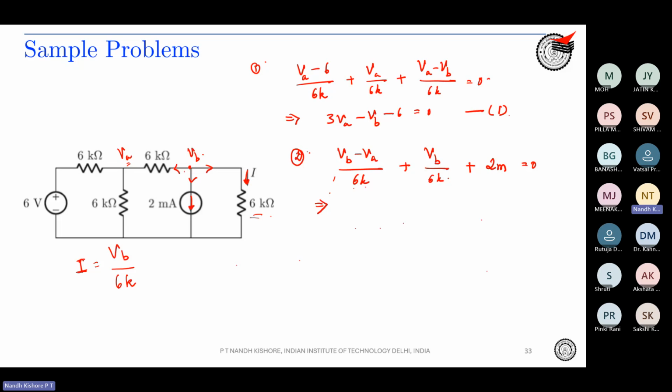So I can write this as minus VA plus 2VB plus 12 equal to 0. So solve 1 and 2, you will get VA and VB. How much are you getting for VA and VB?